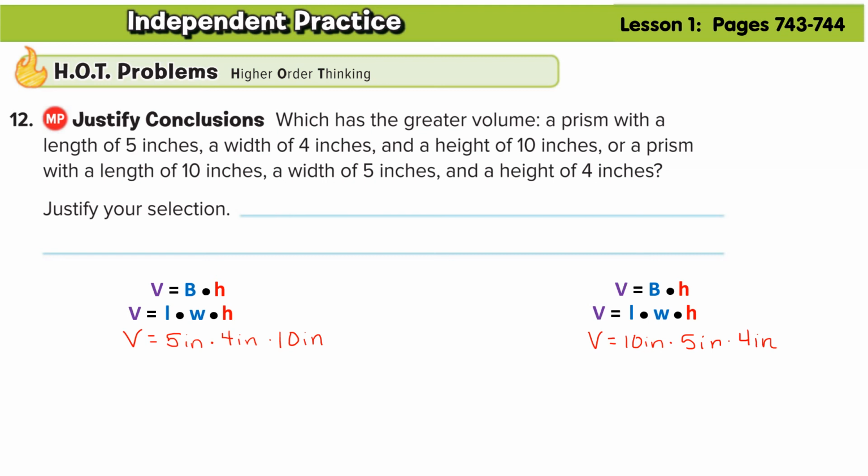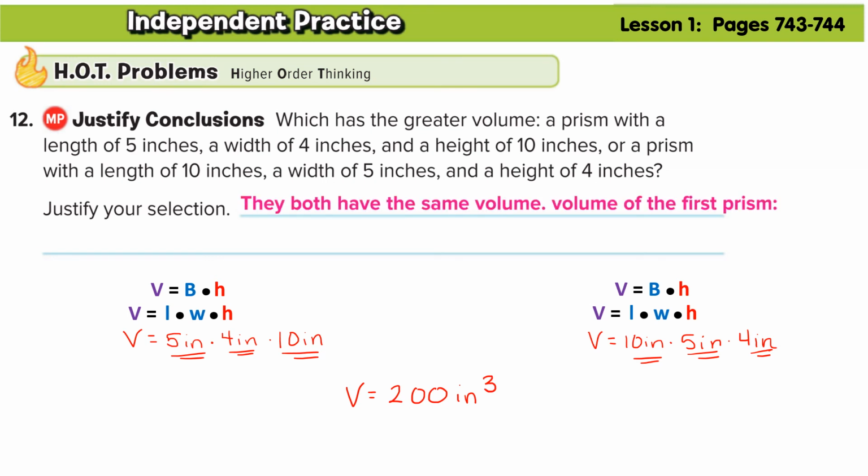As you can see, 5 inches, 4 inches, and 10 inches appear in both. Both of these have the same dimensions, so they're both going to have the same volume. The volume will equal 200 inches cubed. They both have the same volume.